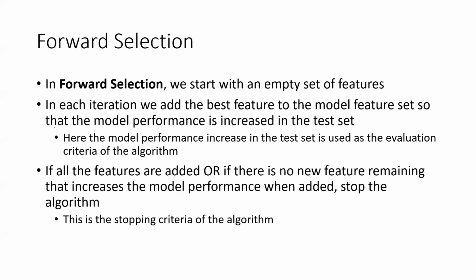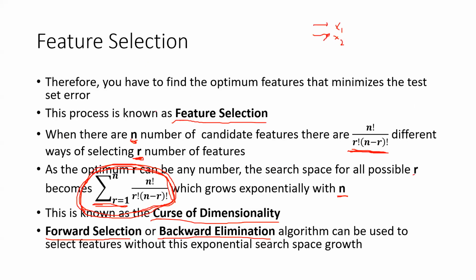This is known as forward selection. In forward selection, this is the algorithm, right? So instead of looking at all the possible features, for example, in feature selection, if we have x1, x2, and x3, you have to try all the combinations, right?